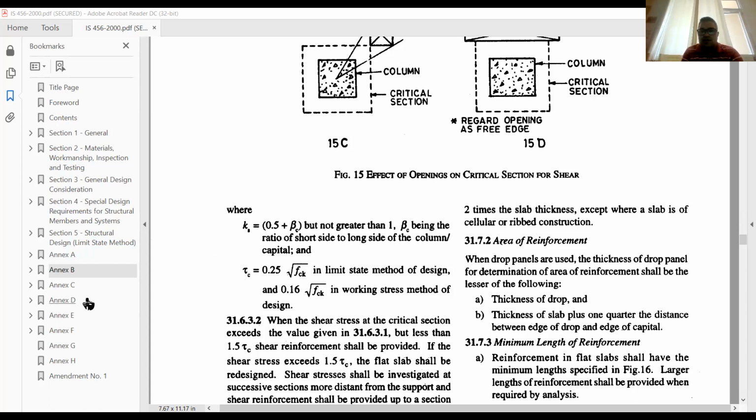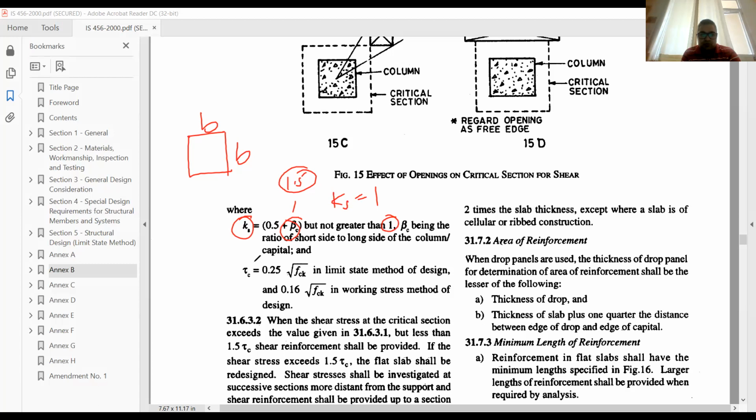So here in our case, our column is square, so both sides are equal. Therefore, beta c value will be 1 and Ks value will become 1.5. But you see 1.5 will be restricted to 1 because it says Ks value should not be greater than 1. So therefore our Ks value will be 1.